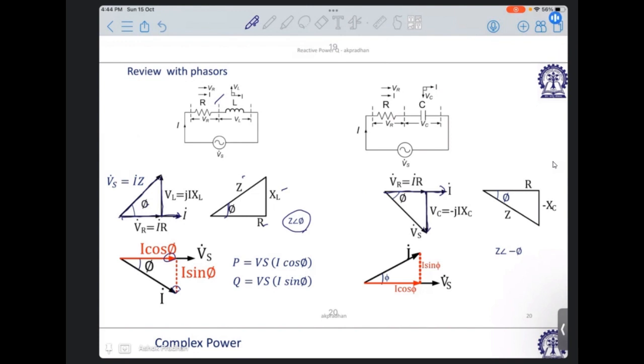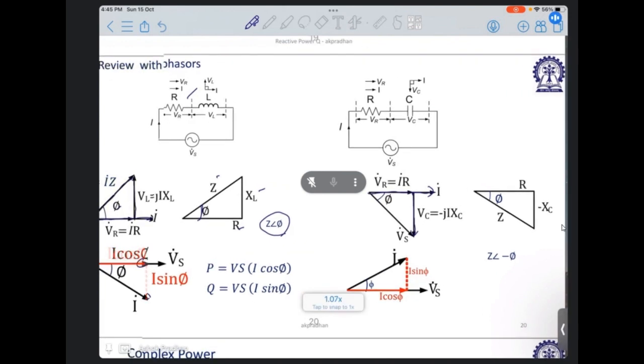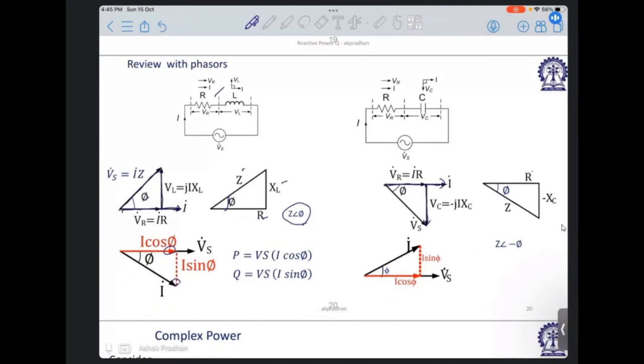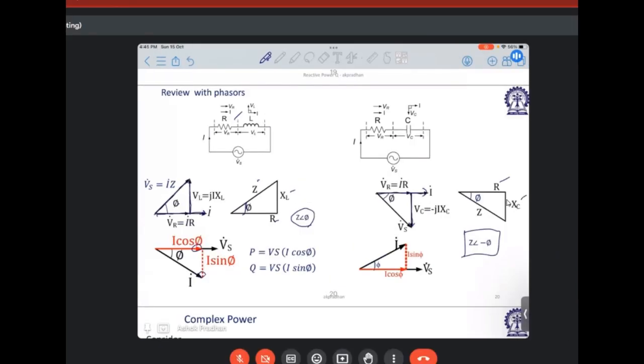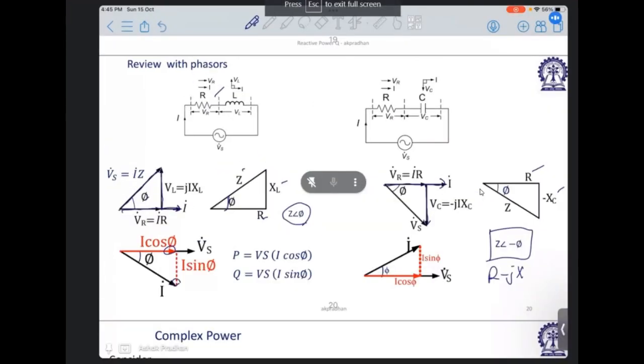So this is minus jXC, because of the minus jXC. So you divide everything by I. So it reaches R, XC, minus XC, and then this corresponding phi. You can take it as minus phi also. So Z here is nothing but Z angle minus phi, because R minus jXC. So this comes out to be angle minus phi.